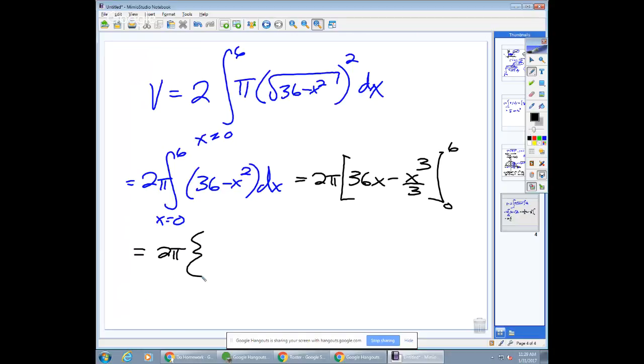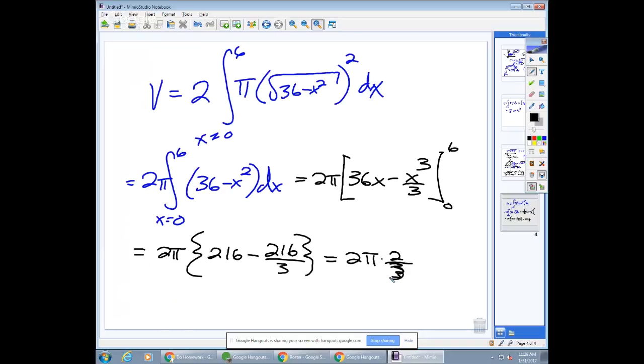Sound right? And that is also 6 cubed. Actually, it'd be easier to just write it as 6 cubed. Oh well. Let's see. 216 minus 1/3 of 216 should be 2/3 of 216. So I think the answer is 2 pi times 2/3. Whoa, that's a 3. Interesting.